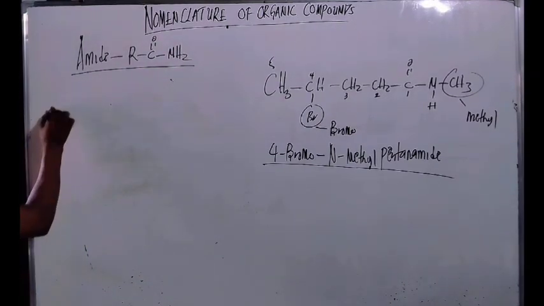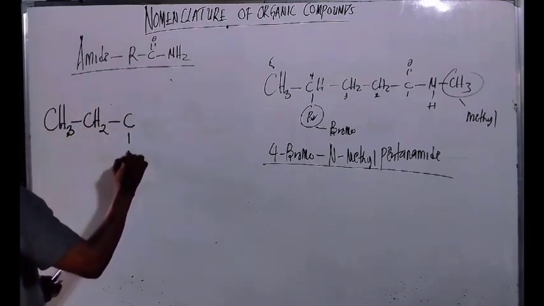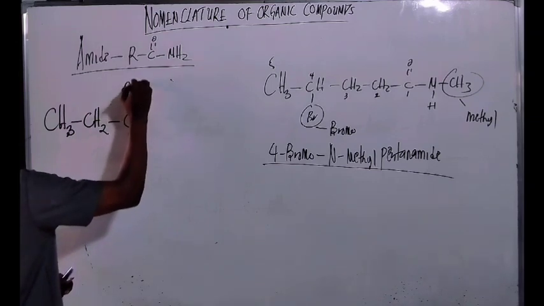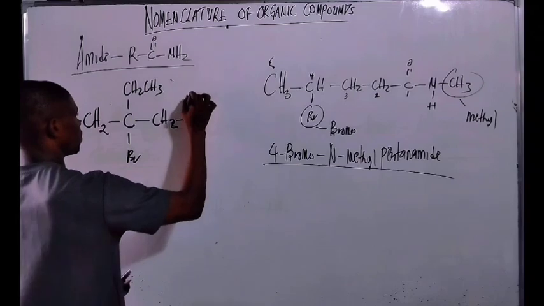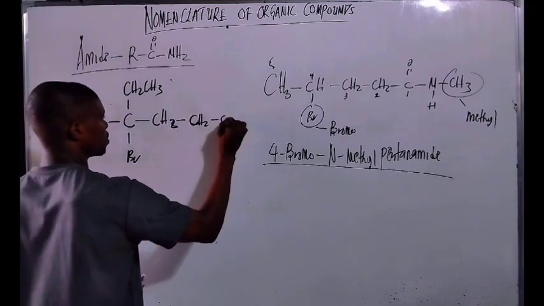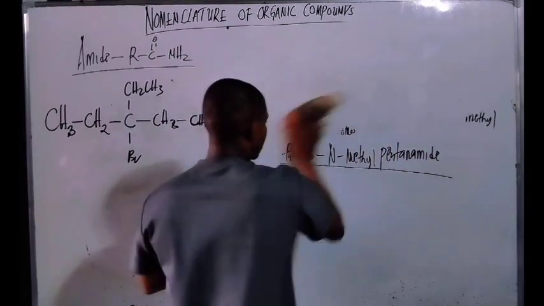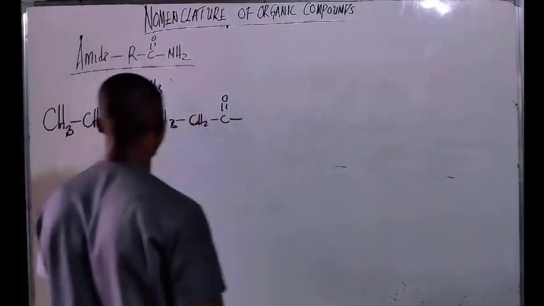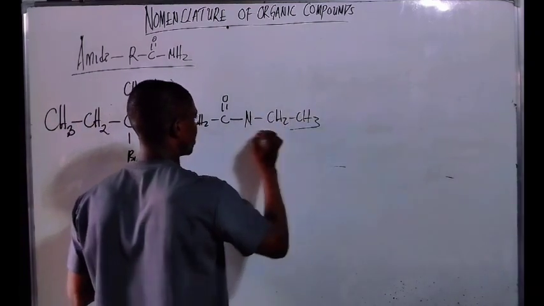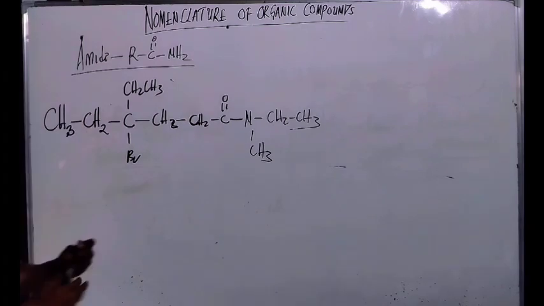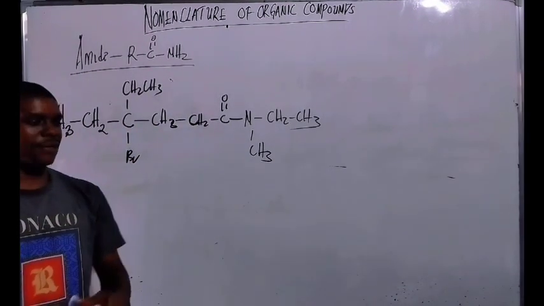When you have something like this, CH2, CH2, here we have CBrO, here we have CH2, CH3, here we have CH, here we have CH2, here we have N, CH2, CH3, here we have CH2. Go ahead and name this compound for me. So that is your nomenclature of the amides. Do you understand?